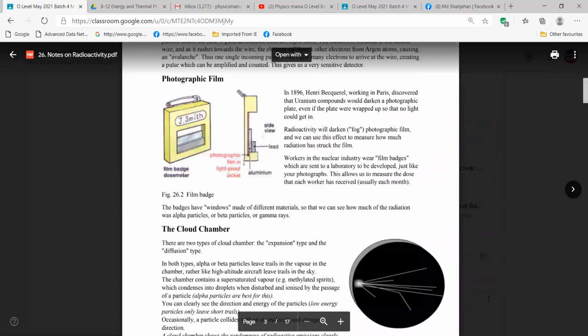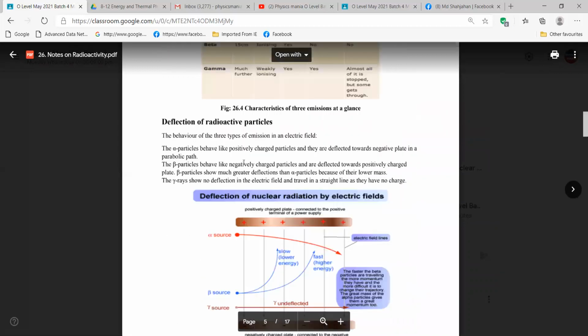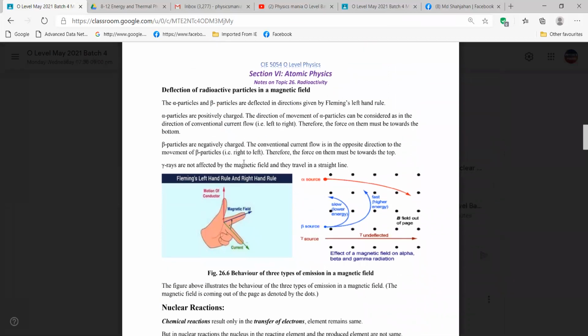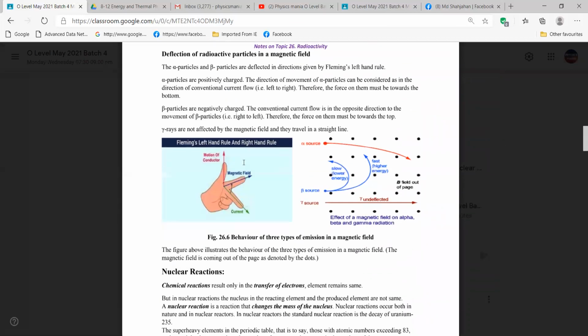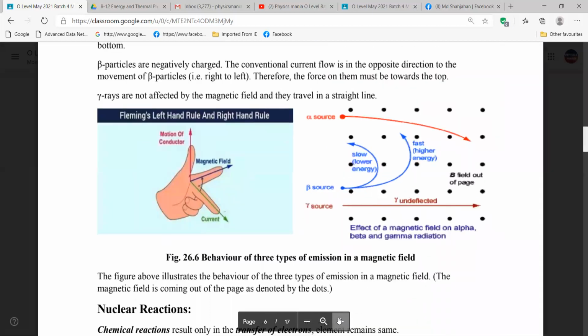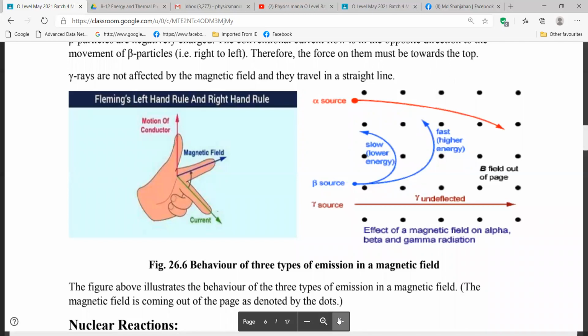Take out the deflection of radioactive particles in a magnetic field. Sir, there is only a black screen. It is saying it couldn't load. Are you seeing my screen sharing? Yes, sir.